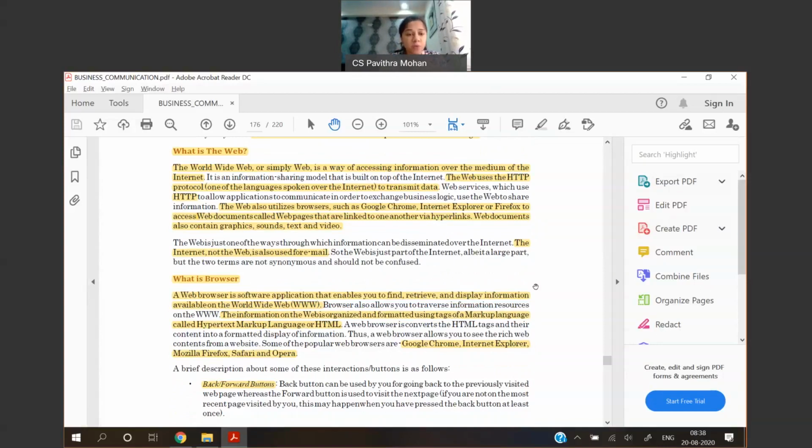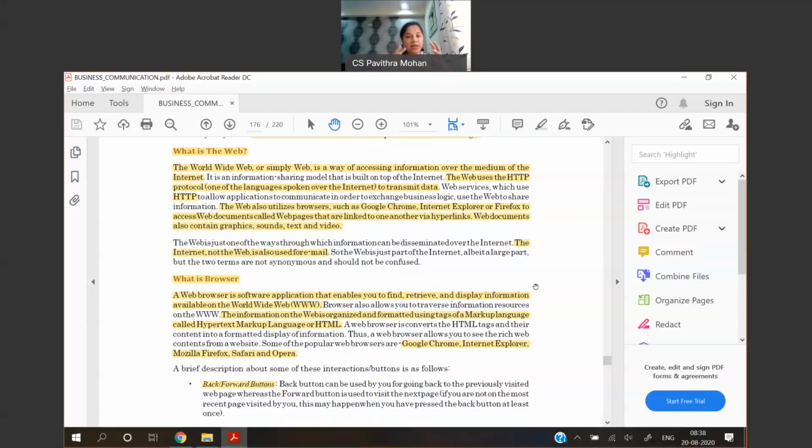You would have heard many people say, I'm creating a website. What this means is they are creating some data to be available on a specific platform. They publish this data and everybody in the world can access it.